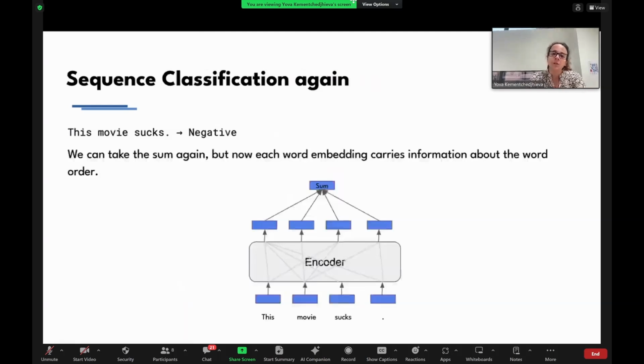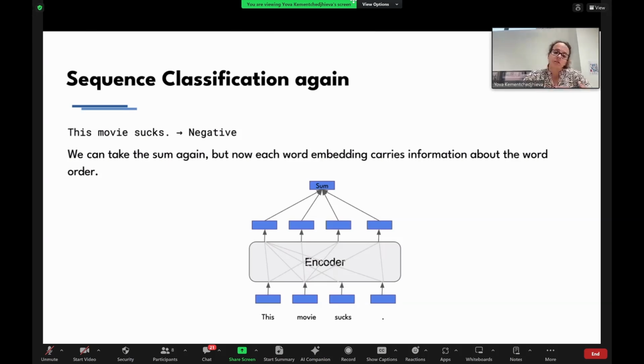So coming back to sequence classification again, let's see how we can do that better with contextualized word embeddings. If we take again the example, this movie sucks, and the desired label is negative, we can now again take the sum of the word embeddings for each word in the input, but by doing that, we're not actually losing information about the word order, because each word embedding is now contextualized with respect to the full sentence, so it carries information about the word order.